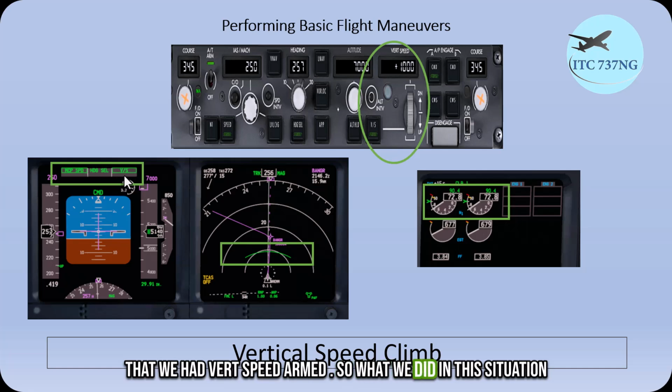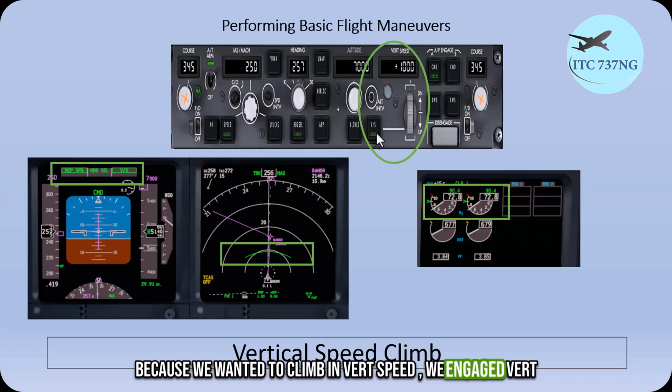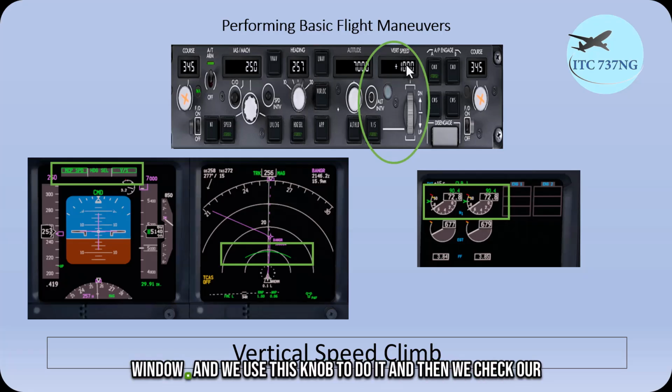So what we did in this situation, because we wanted to climb in vert speed, we engaged vert speed. We depressed the vert speed button. It illuminated. Then we'll set a climb rate that we want in the vert speed window. And we use this knob to do it.